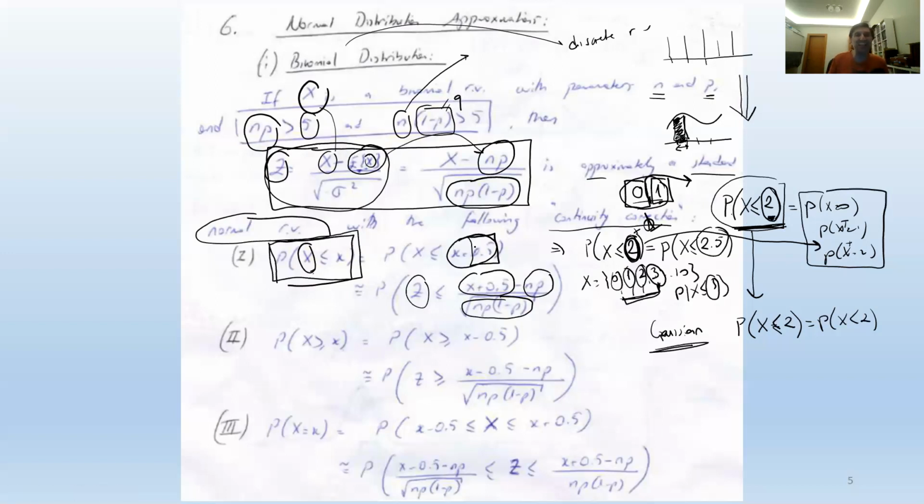Now, do not take it as we always add 0.5. In some cases, we may subtract 0.5. Why? If, for instance, this is the case, probability x is greater than or equal to x kind of thing. In this case, if this is the real axis, and let's say that this is our x, we are interested in this value and this value.